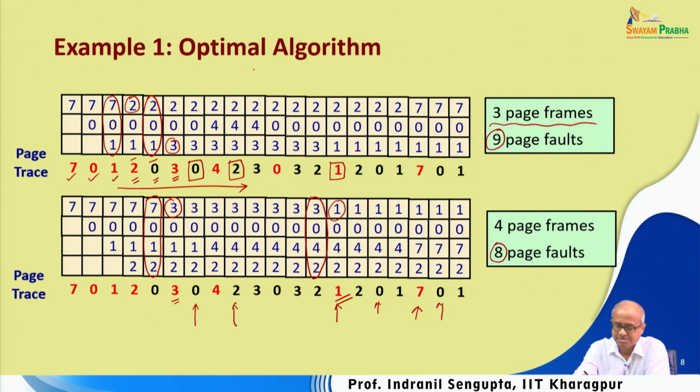Let us say for this time step, here we have 2, 4 and 3, but for 4 frames you have 2, 4 and 3 are already there and also 0 is there. So, it is a subset. So, the same is true for all time steps.